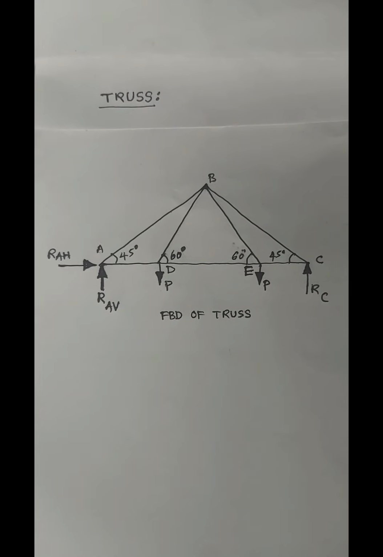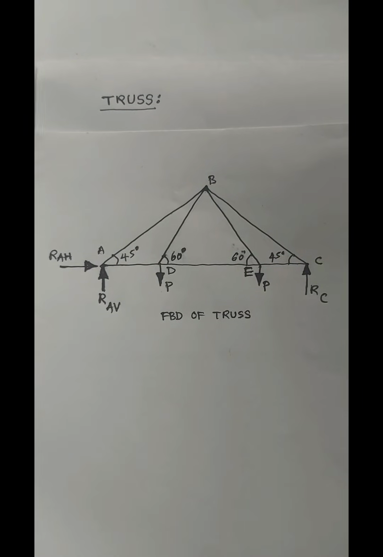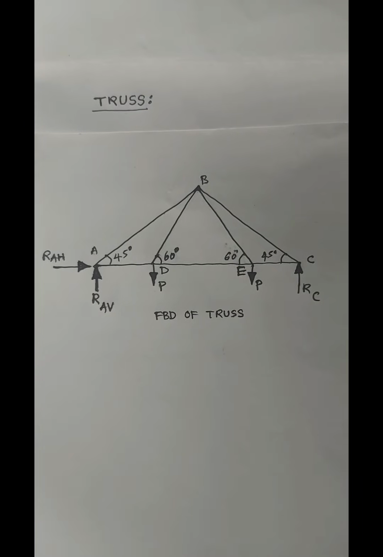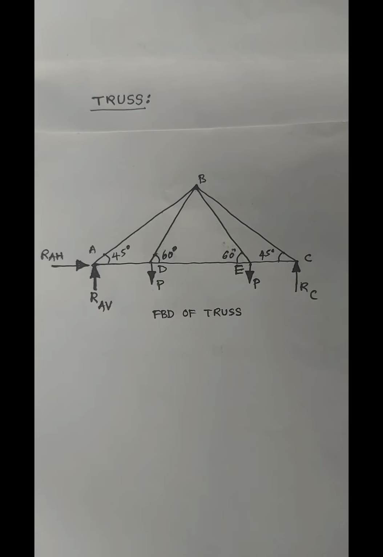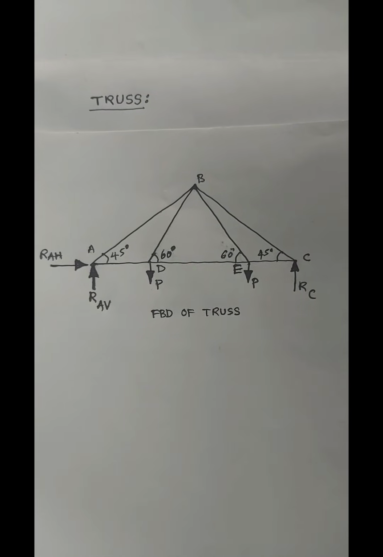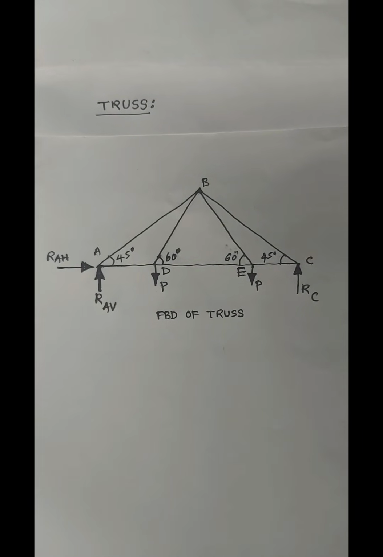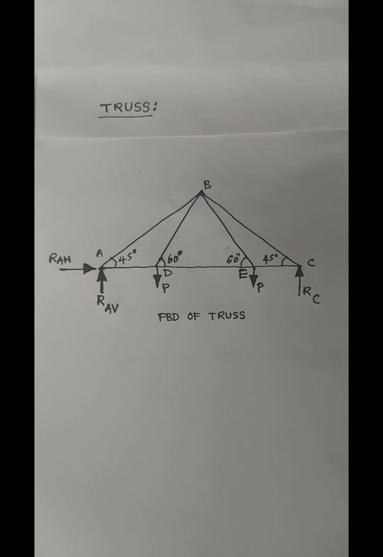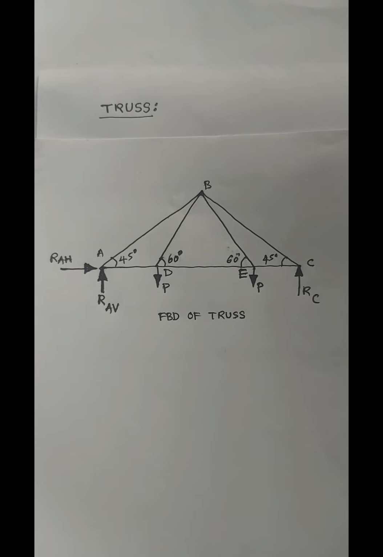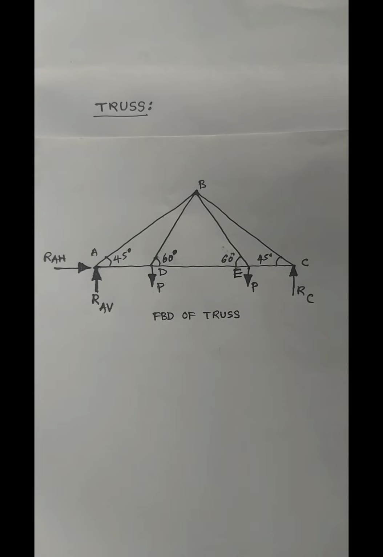P acting at D point on the truss is acting downward, so we consider it as negative. The other P force, acting at E point on the truss, is also directed downward. At the C end of the truss, the RC reaction force is acting upward, so RC is considered as positive.